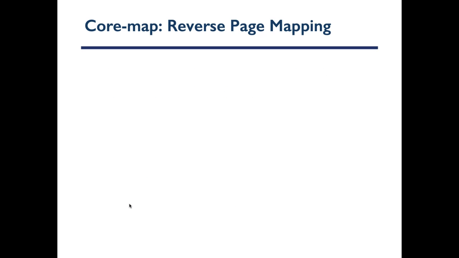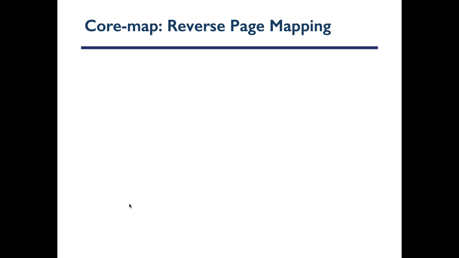Okay, I think this is the last topic I'm going to cover, and that is the core map. So far, everything we've seen has been: I have a virtual address, I want to find the physical address. So it's just one way, from the virtual address to the physical address.